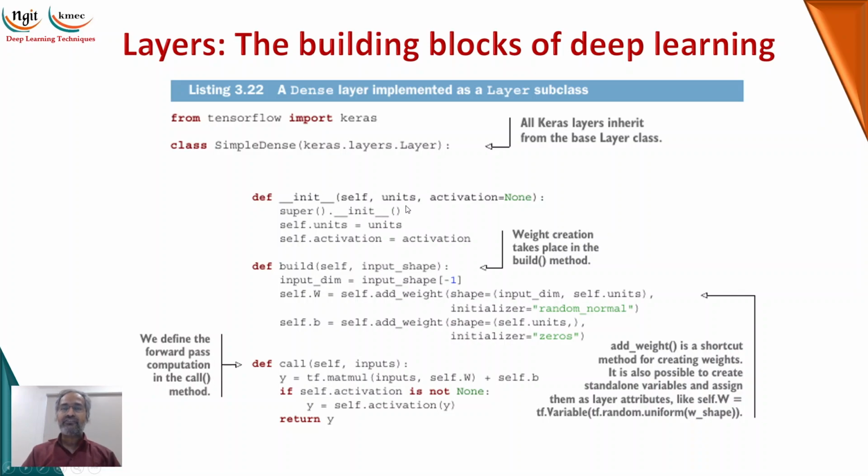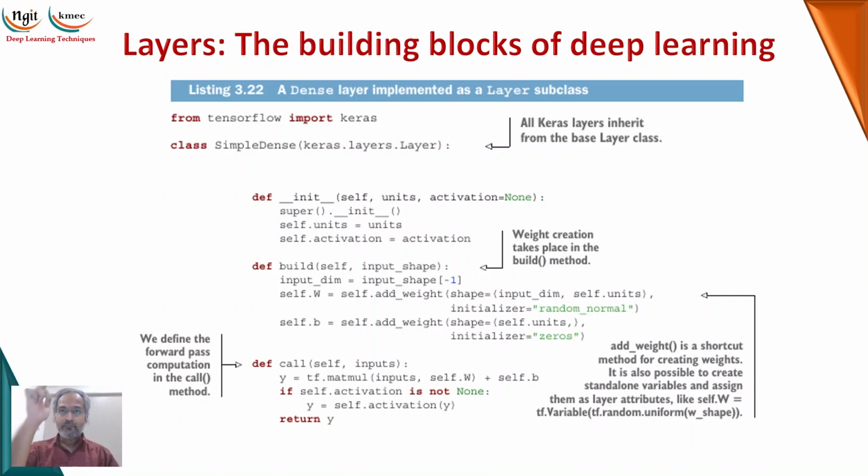__init__ of self, and you have to initialize the layer with the number of units. How many units? In the previous case, you saw only a single bubble. For the single bubble, I gave the number of inputs and one output was given by the neuron. But here, how many such neurons have to be in the single layer? That you have to provide. That is called the number of units, the number of neurons, the number of bubbles.